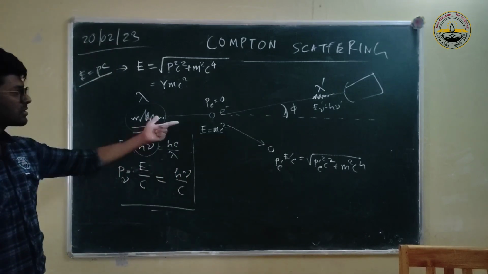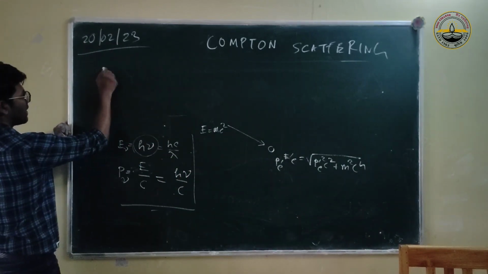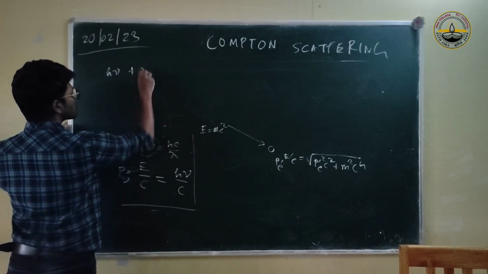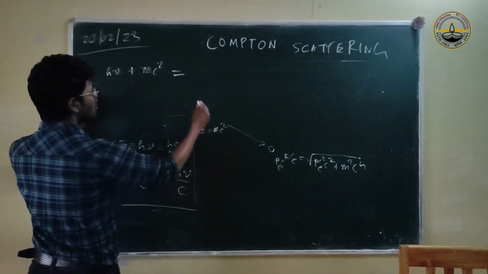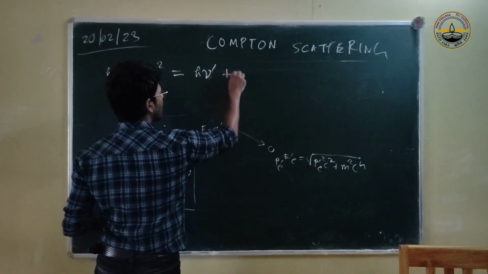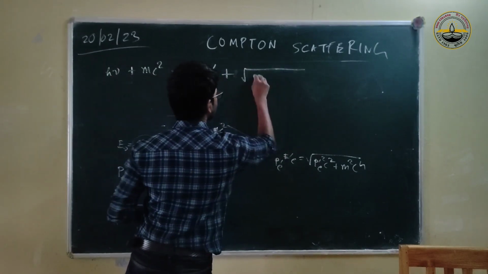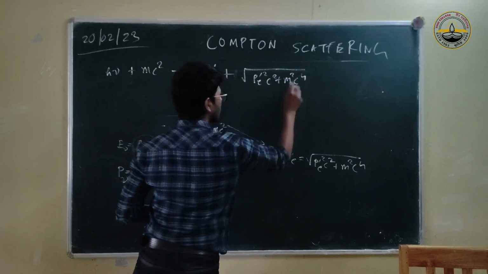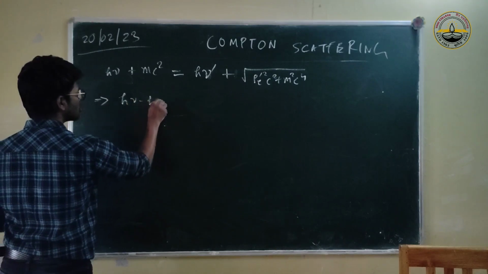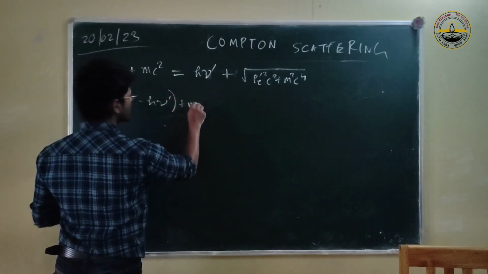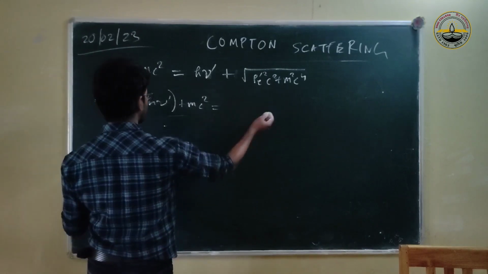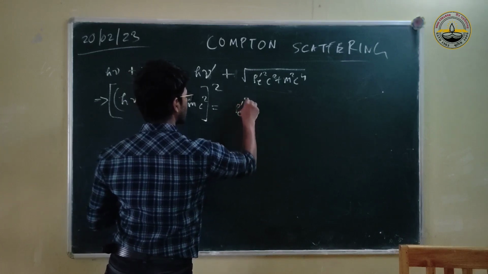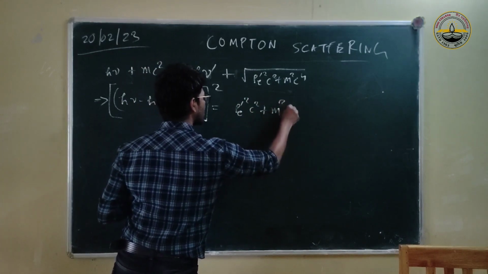First, use the energy conservation law. Initially, we have the photon energy, h nu, plus the electron, mc square, nothing else. Finally, we have again a different photon plus the electron energy. Call this h nu minus h nu prime plus mc square, and if we take a square, then we get just this thing, p prime square c square plus m square c to the 4.